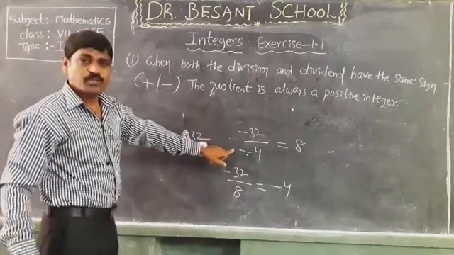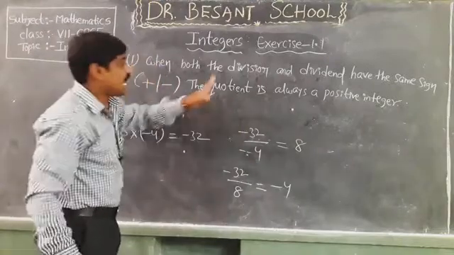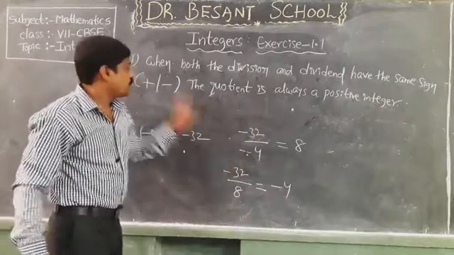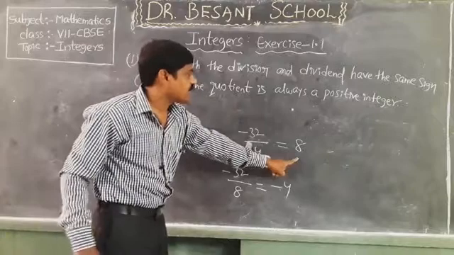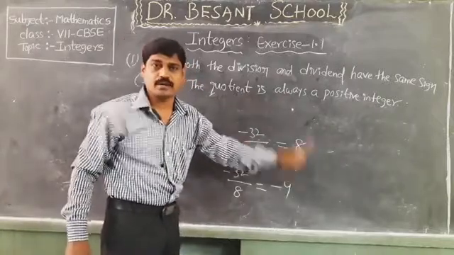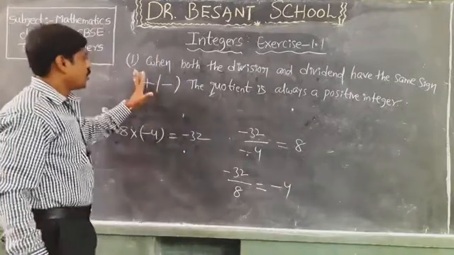Here both are minus, having the same sign. The quotient is always a positive integer. We got a positive integer. This is rule 1.